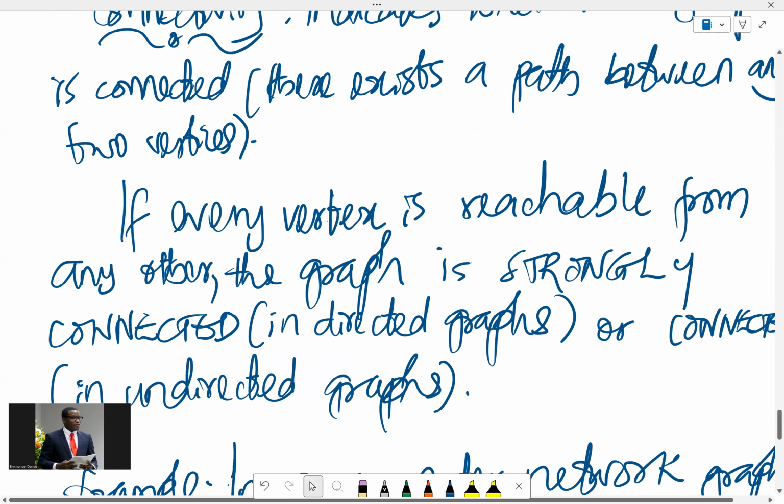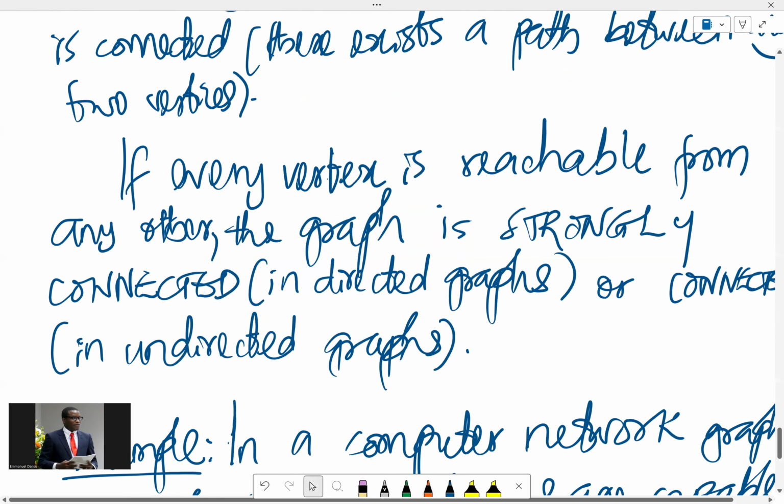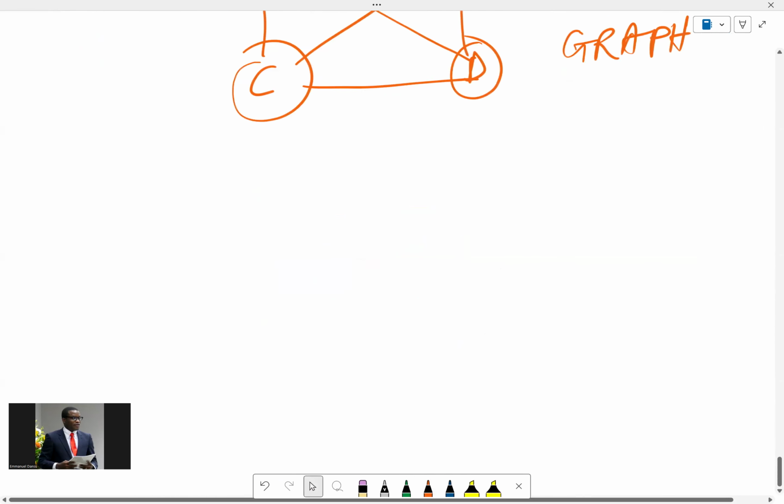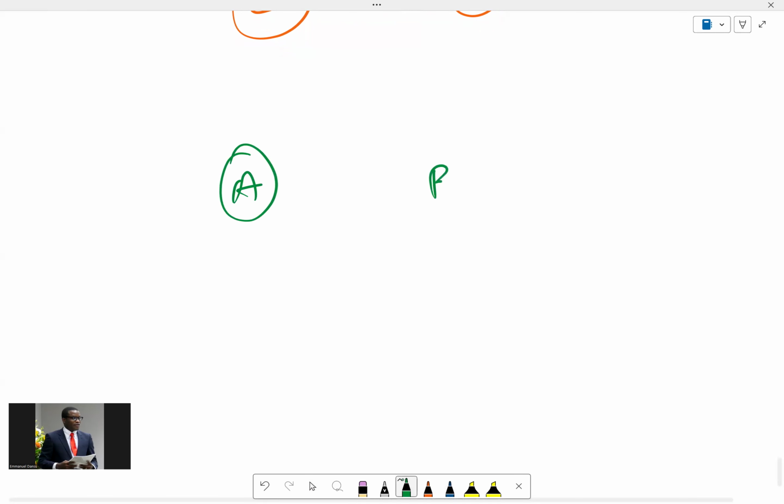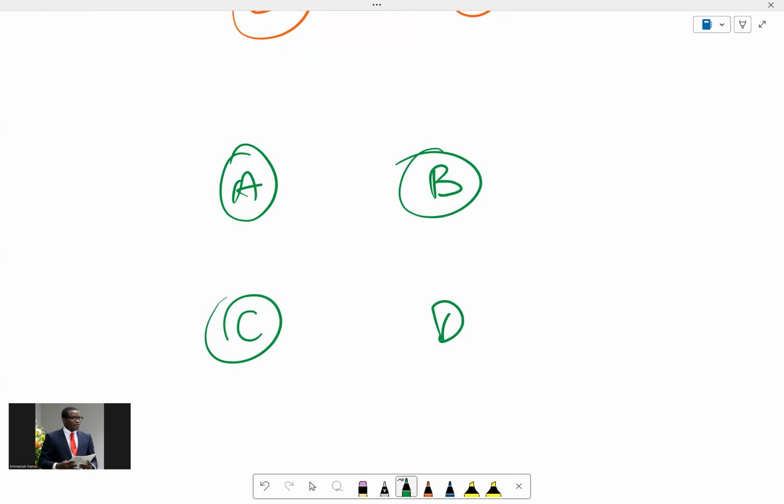Yeah, I think that's the concept. But of course, we can still have the same thing. Say you have A, B, C, and D, directed with both directions, and then we have this and this.